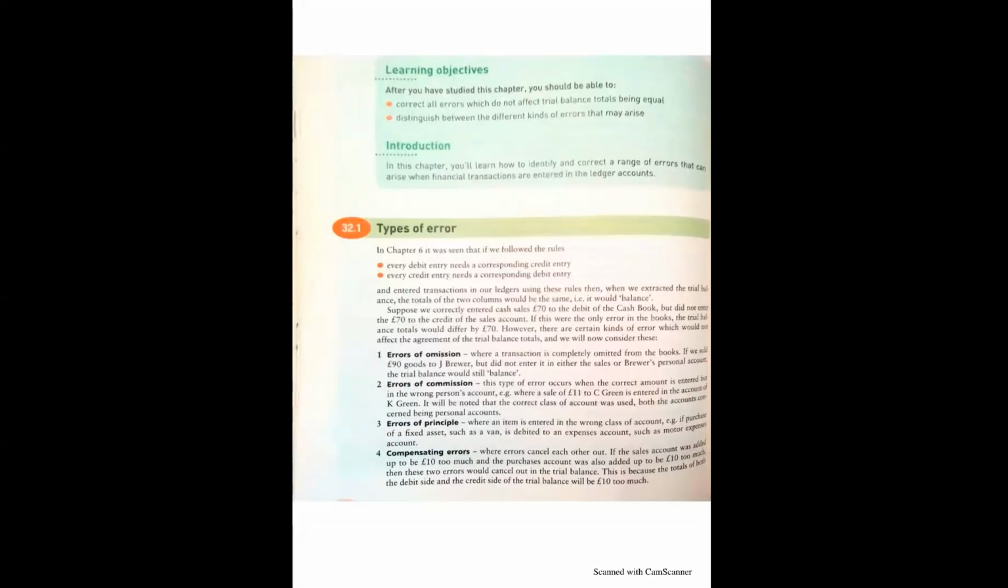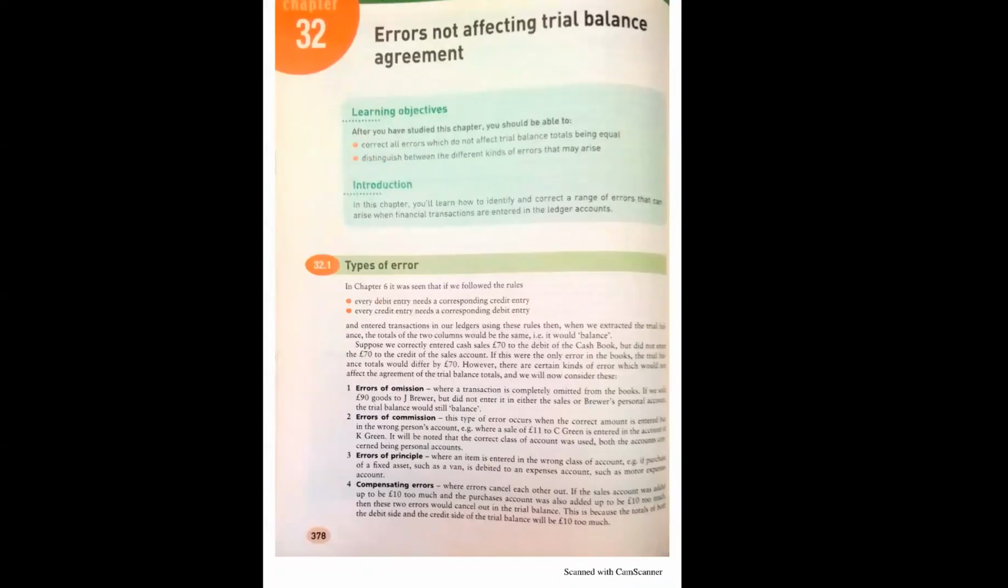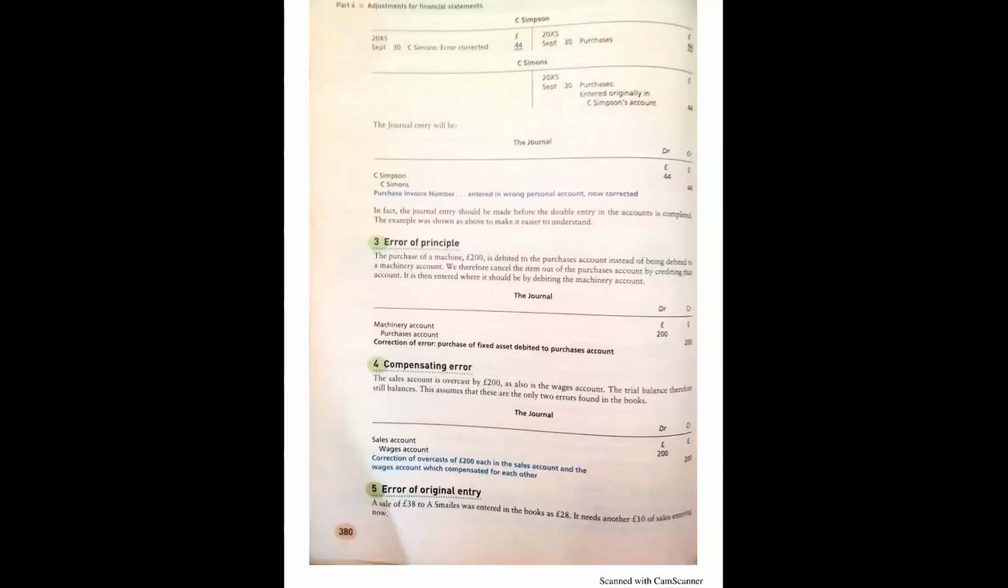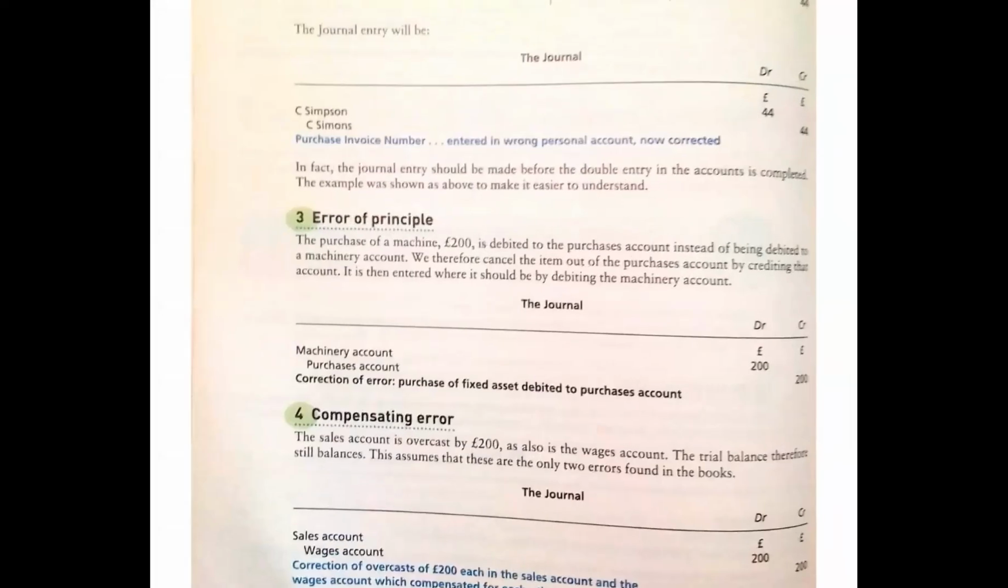I was saying that the correct entry that you do is actually to debit the person who is supposed to be debited. In this respect, we are talking about C. Is this one Simpson, right? You credited Simpson. Simpson was not supposed to be credited.